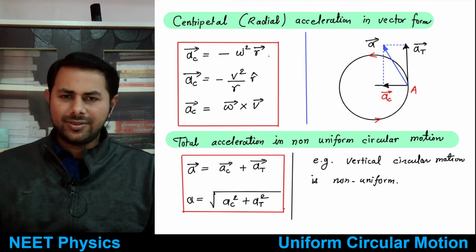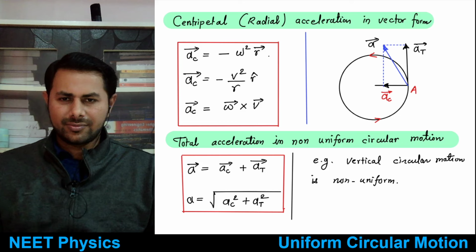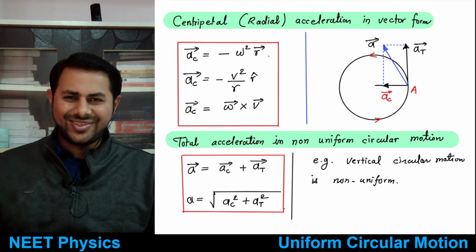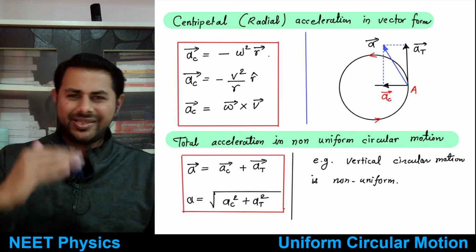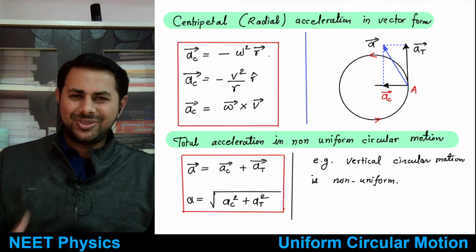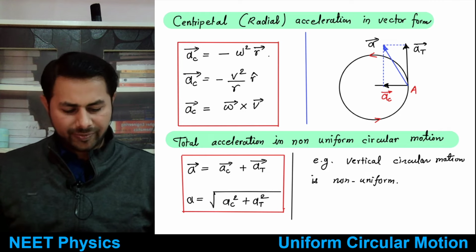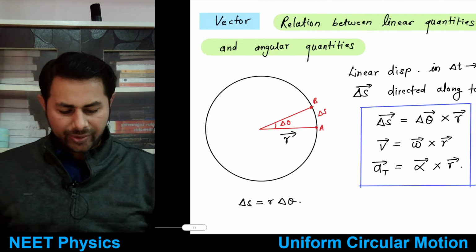What could be the reason? The reason is gravity, right? Gravity will change the magnitude of velocity. Okay. All right, good. So vertical circular motion is non-uniform circular motion.